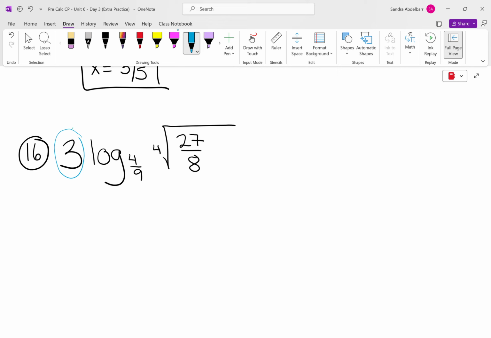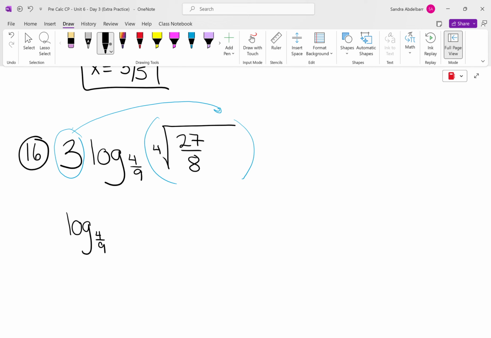Can I pull this 3 and put it back as an exponent? Yeah, so does that make it a normal square? No. It doesn't make it normal. So this ends up becoming log base 4/9 raised to the 4th root.